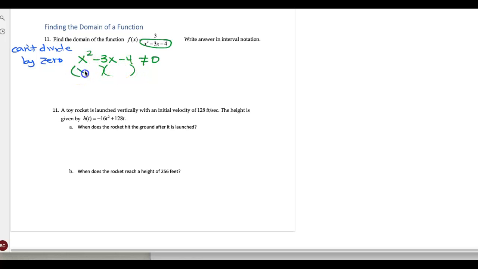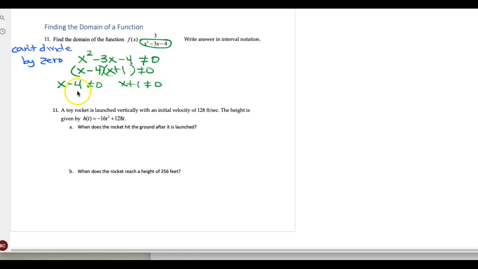So this factors to be x times x is x squared. What multiplies to be -4 that adds to be -3? Well, that's going to be a -4 and a +1. Again, I'm putting cannot equal 0. Then I'm looking at each of these separately. So x minus 4 cannot equal 0, and x plus 1 cannot equal 0.